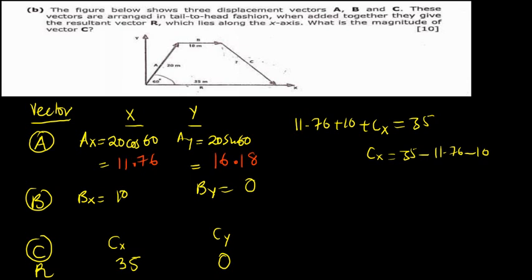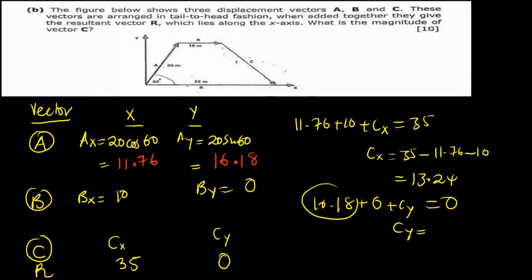All right, so that has given me 13.24, and then we can now go to the y components also. If we add 16.18 plus 0 plus cy, we should be able to get 0. That's the resultant. So meaning that cy, we just take this term to the other side because the rest are zeros, that will be negative 16.18. So that is the y component.